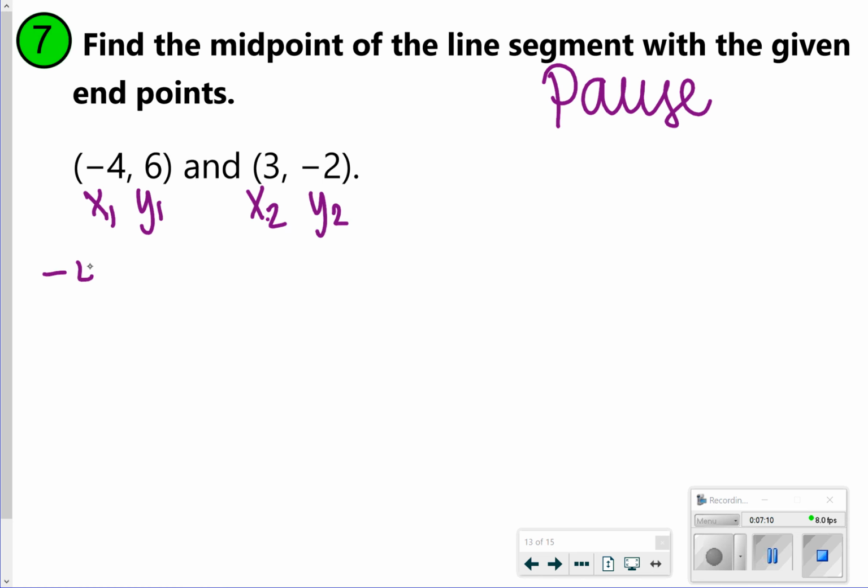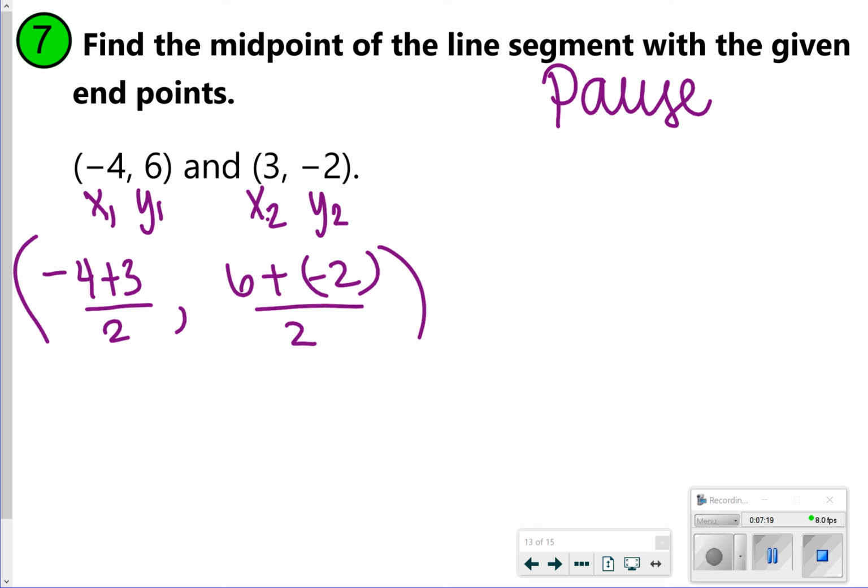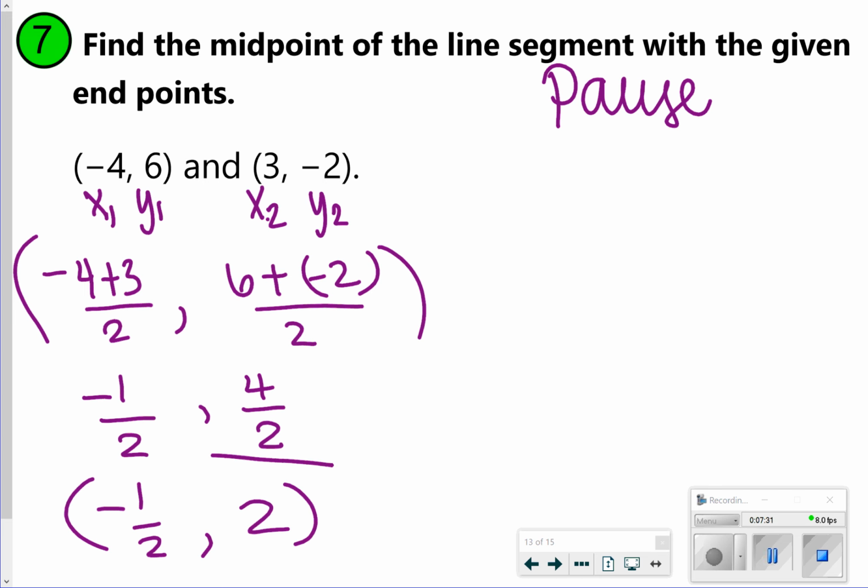So I'm going to have negative 4 plus 3 divided by 2, and 6 plus negative 2 divided by 2. Okay, negative 4 plus 3 is negative 1. Negative 1 over 2 is just going to be negative half. And then 6 plus negative 2 is 4 over 2. So my answer would be negative 1/2, comma, 2. If you wanted to write that in decimal form, you could. I just left it as a fraction.